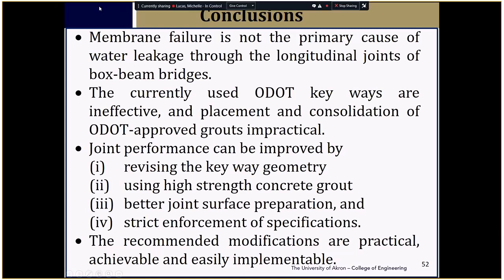So at least we need to look at those 2 aspects. And then we revised the keyway geometry. We used high strength concrete and better surface preparation, and strict enforcement of specifications will definitely improve the joint performance. And we believe that the recommended modifications are practical, achievable, and implementable.